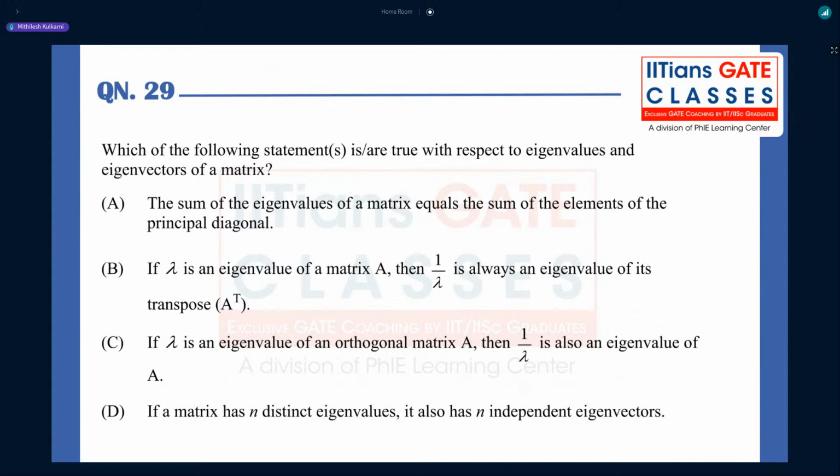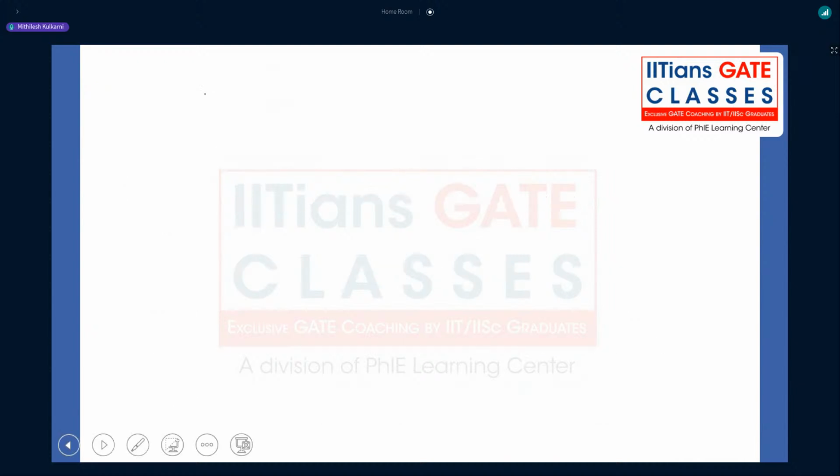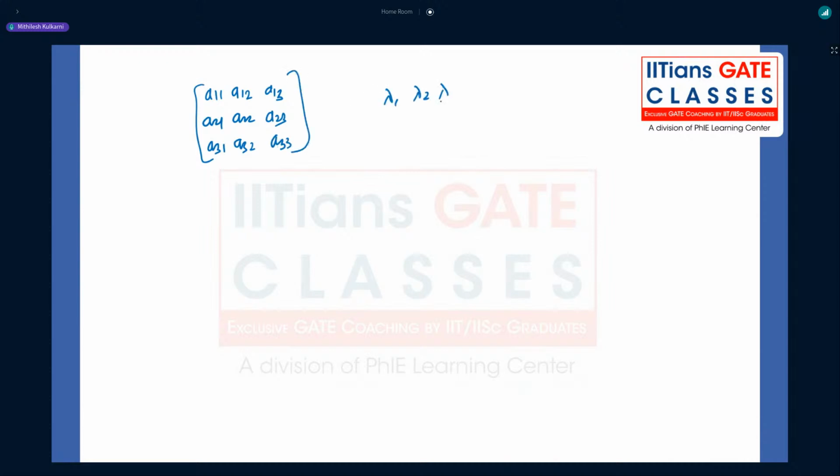Yes, it is correct, because suppose we have a matrix A11, A12, A13, A21, A22, A23, A31, A32, A33, and lambda 1, lambda 2, lambda 3 are the eigenvalues.